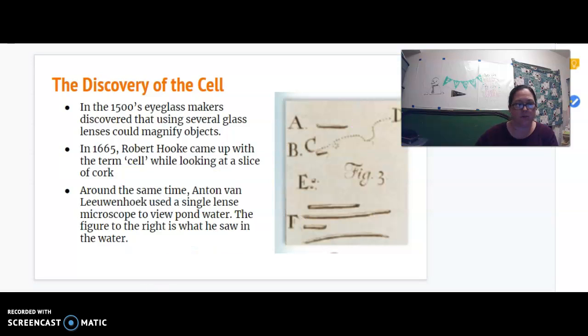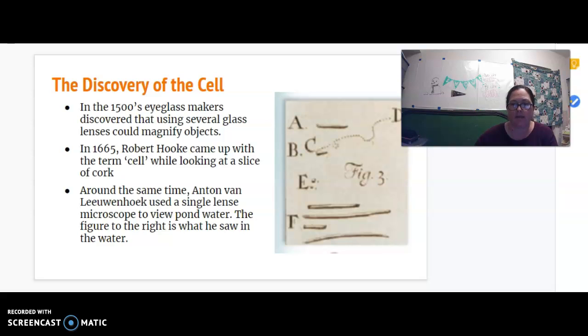Alright, so we're going to start with the discovery of the cell. And in the 1500s, eyeglass makers in Europe discovered that using several glass lenses in combination could magnify even the smallest objects to make them easy to see. And in about 1665, Robert Hooke came up with the term cell while looking at a slice of cork.